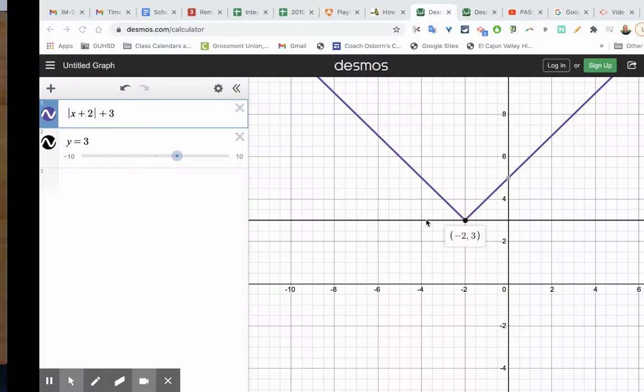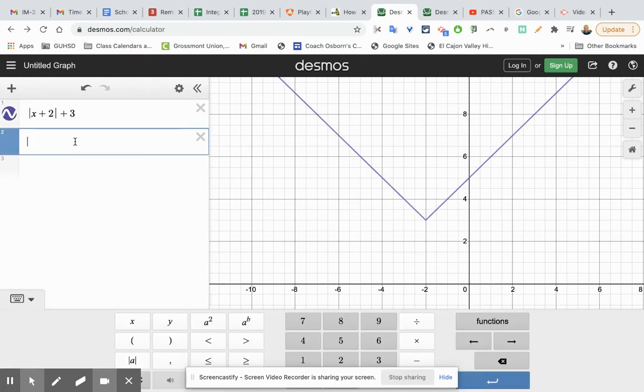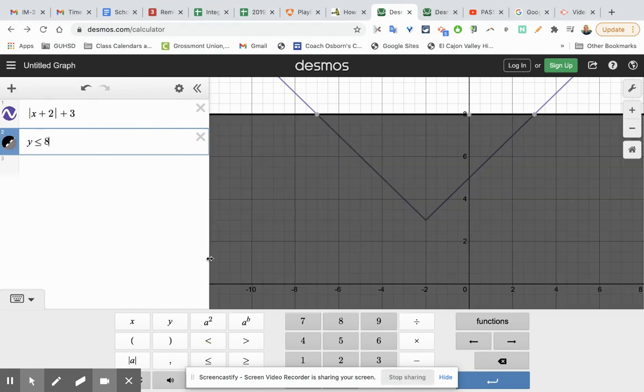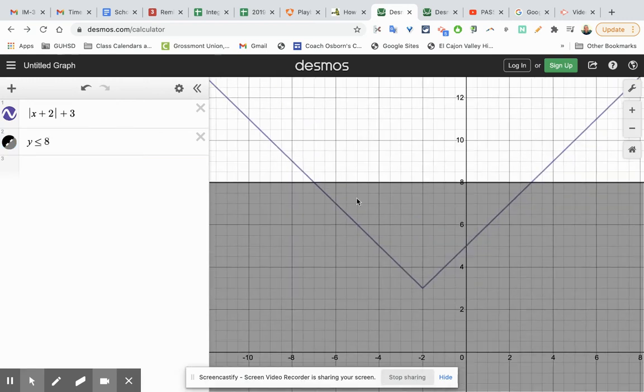So the way I'm going to do that is type in, when will y be less than or equal to 8? Okay, so you notice that this shaded area is where this function, the v, is less than or equal to 8. That starts at negative 7, and as I keep increasing x, it's still less than 8, still less than 8, until I get to that point at 3.